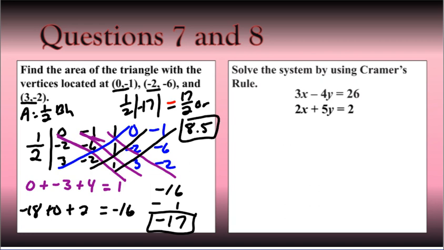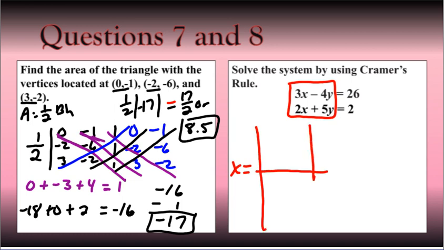Question 8. Solve the system using Cramer's rule. So these two sections here form the coefficient matrix that we're going to have on the bottom. So if we're going to solve for x first, I have 3, 2, negative 4, 5. And on top, if I'm trying to solve for x, I put my solutions in for the variable I'm solving for.